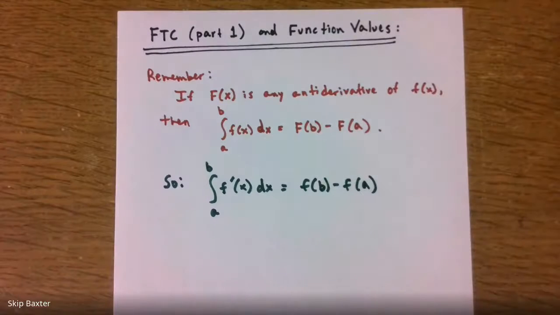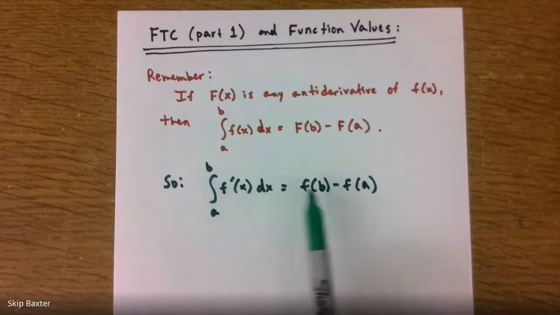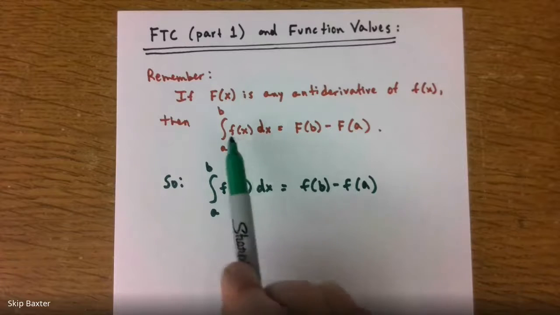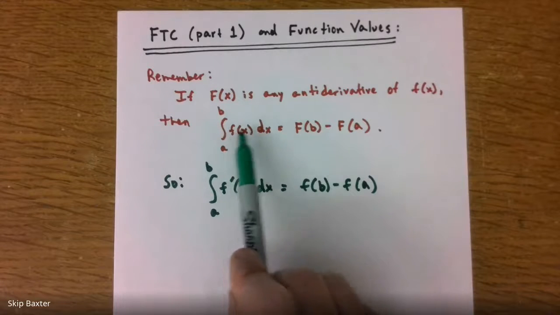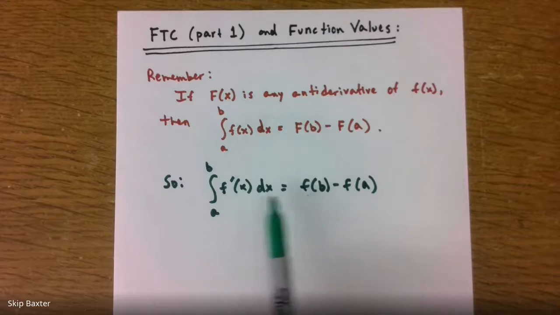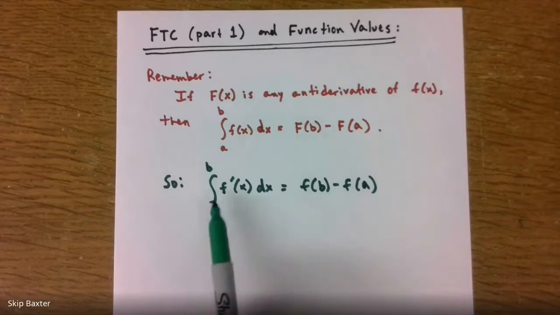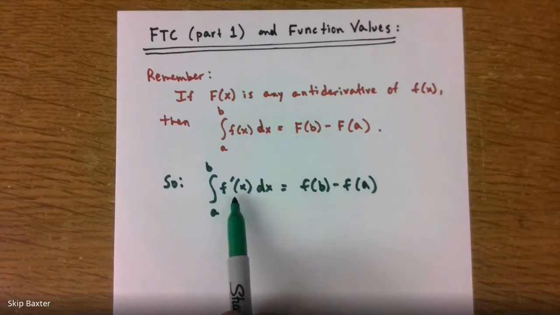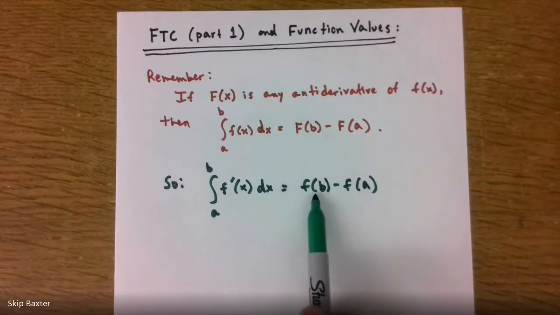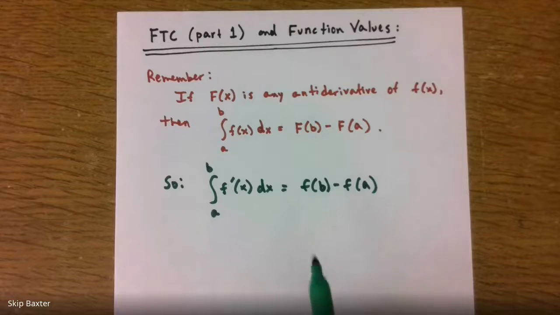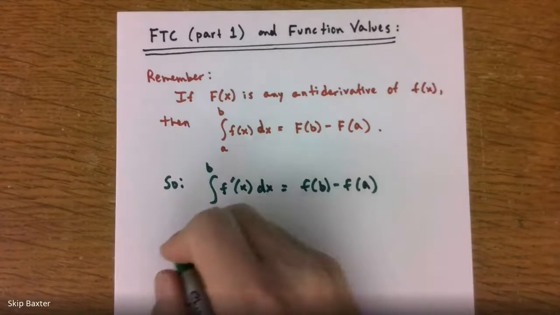It's really saying the same thing because an antiderivative of f prime is f. Up here, an antiderivative of little f is big F. So it's the same thing in slightly different language. So the integral of a derivative is the value of the function at b minus the value of the function at a.